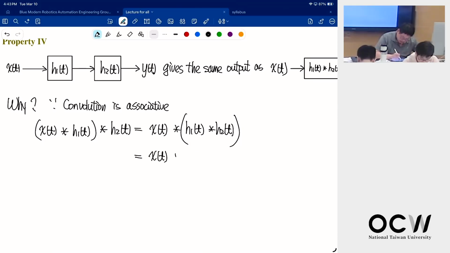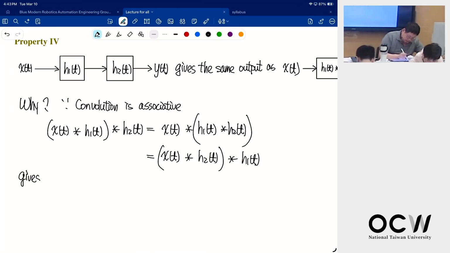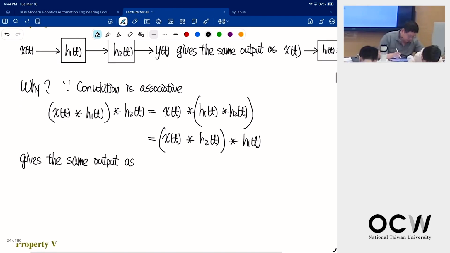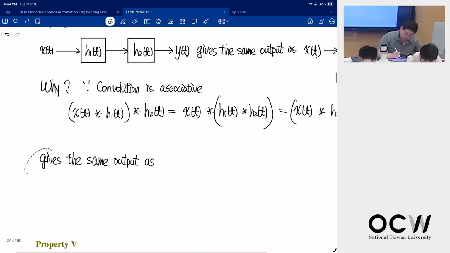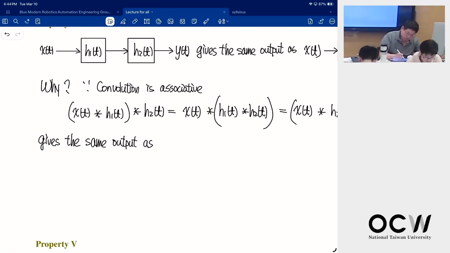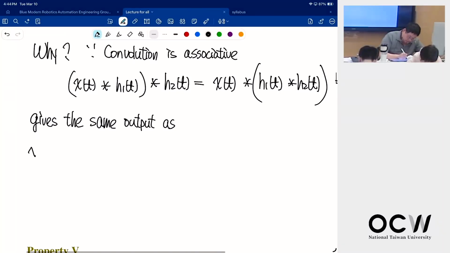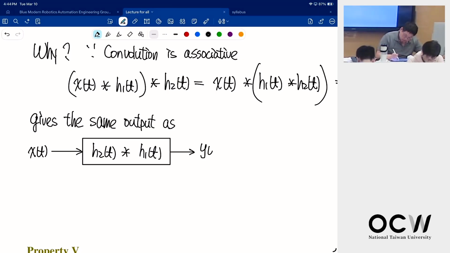X convolved h2 convolve h1. Okay, in this case, we also have the same output as the x goes to h2 convolved h1 is y.